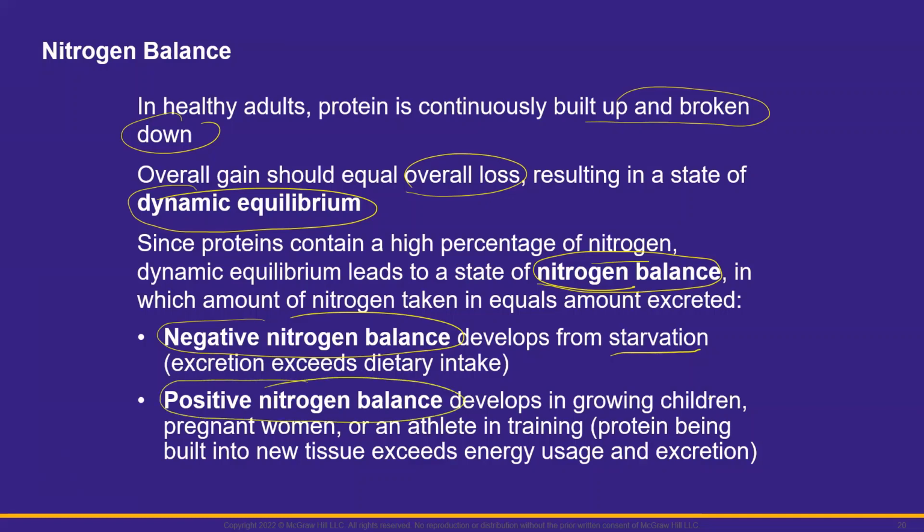This is usually for growing children, pregnant women, and athletes. They eat a lot of nitrogen, a lot of proteins, so they have a positive nitrogen balance that will be used for their activity or growing their muscle. For children, it's growing muscles and also their bones.